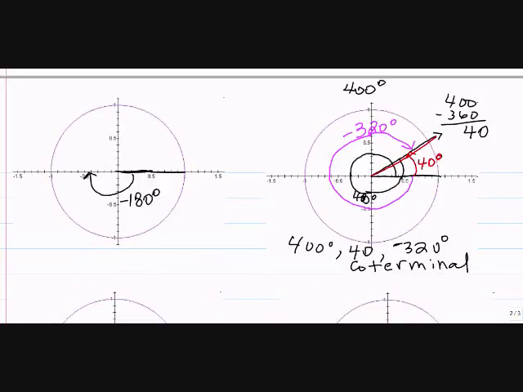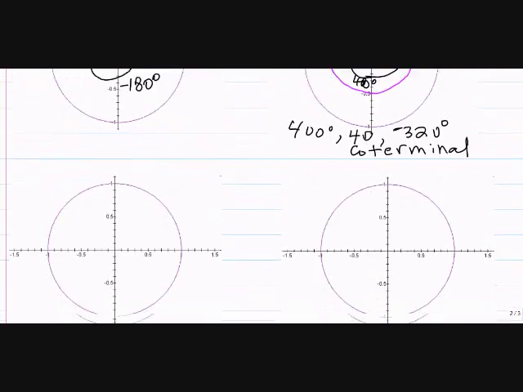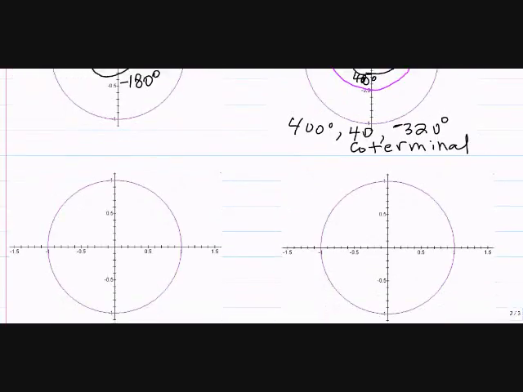Oh, so let me do 400 degrees again. I'm going to ask you to graph 400 degrees. Let me see if I can figure out where 400 degrees would be. I always start in the same place. Let me start rolling around my circle. 90, 180, 270, 360. I've gone around the circle once already.